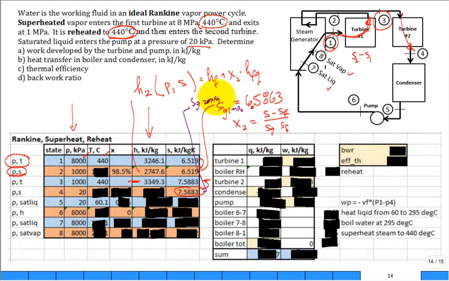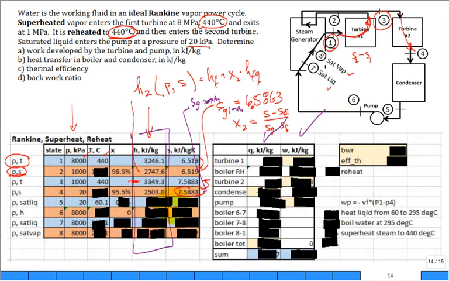We went inside the dome where we have a two-phase mixture, and then you could calculate that quality. The quality is like 95.5%. Once you have the quality, get the enthalpy. You work to get this enthalpy column because that's what drives all the Q's and the W's. All right, so you got that state.